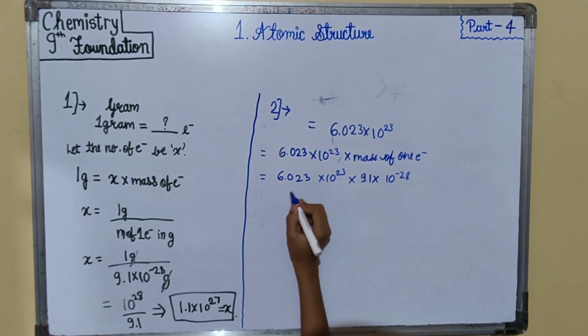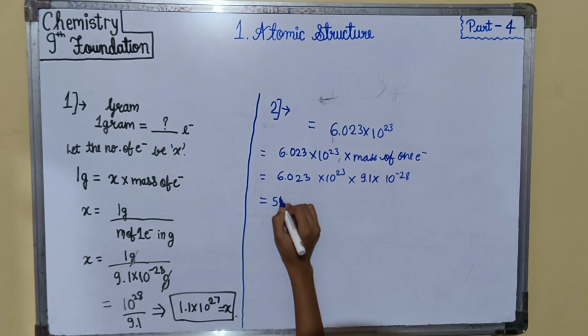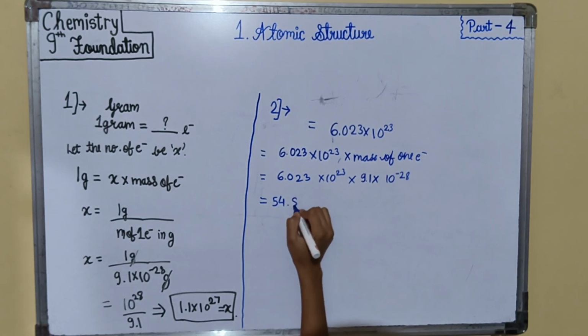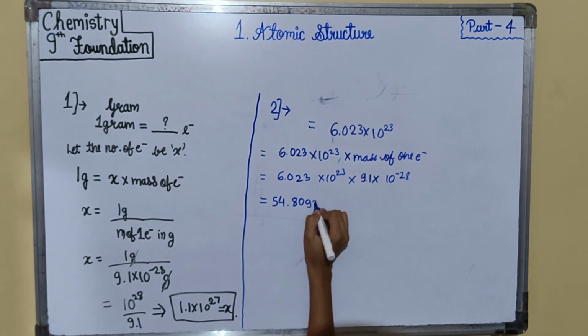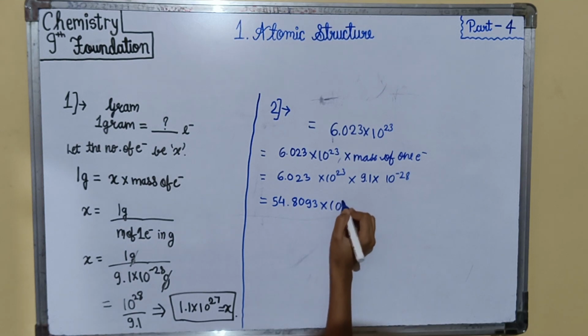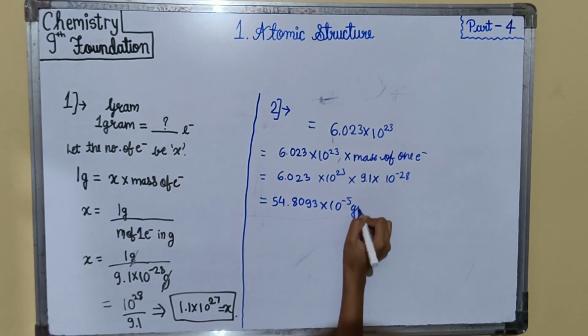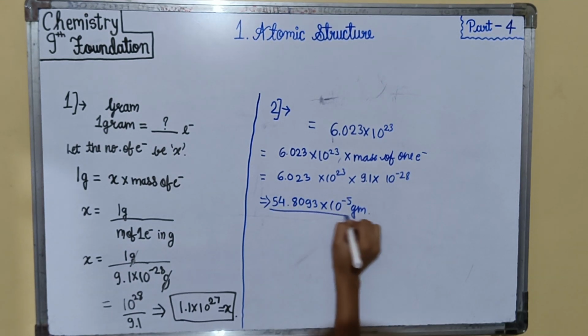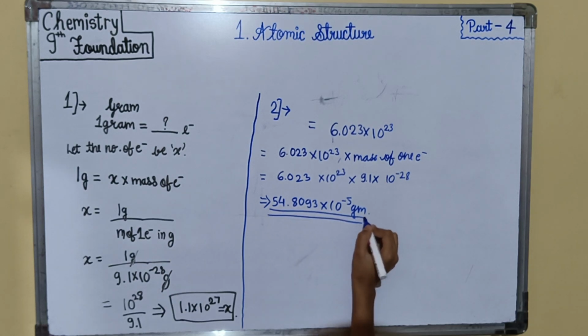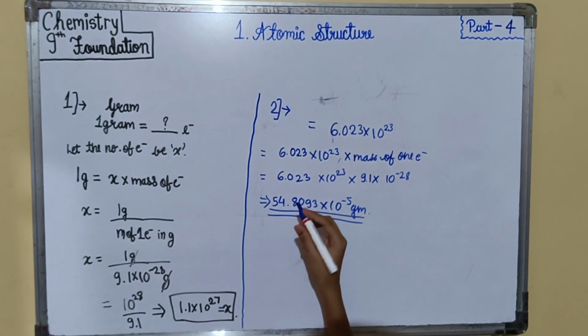The answer after solving we'll get is 54.8093 into 10 raised to minus 5 gram. After simplifying, this should be the answer.